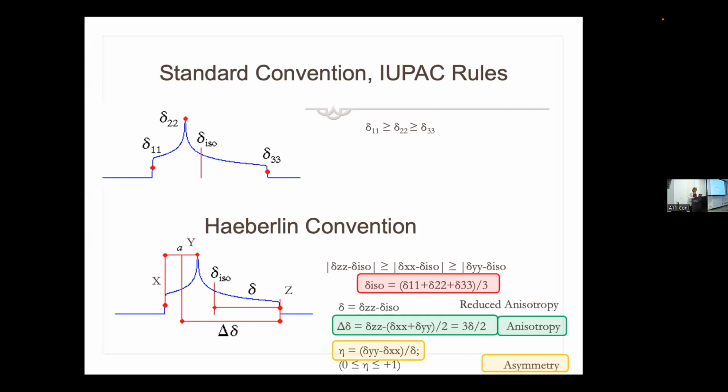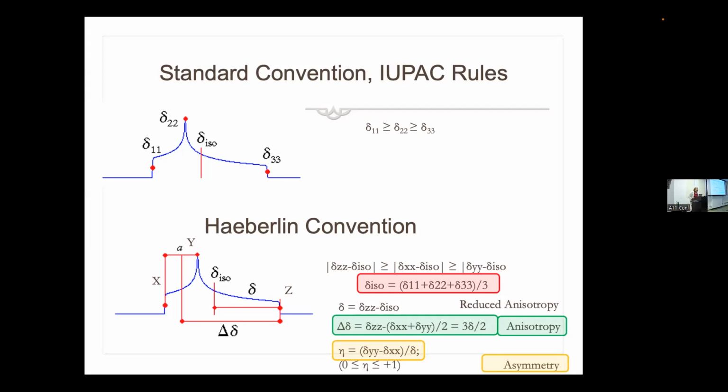And you take the difference of X and Y, and then you divide it by the difference between Z and iso, namely the reduced anisotropy. Eta is unitless. The anisotropy has the units of chemical shift. The isotropic shift has the units of chemical shift. Okay, these are just conventions. You can look at them more later.